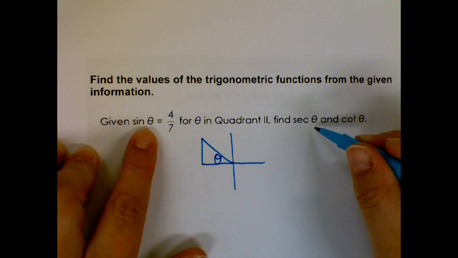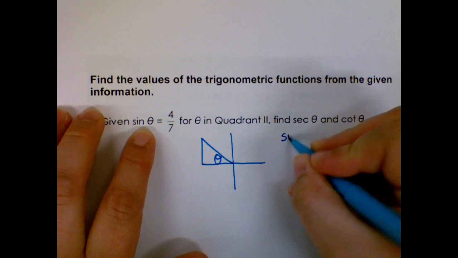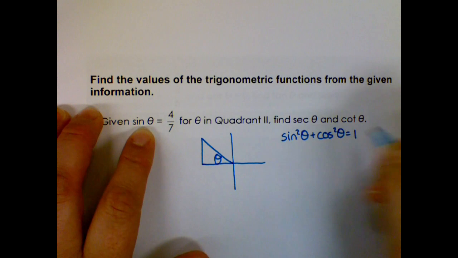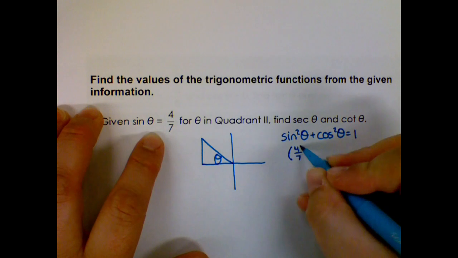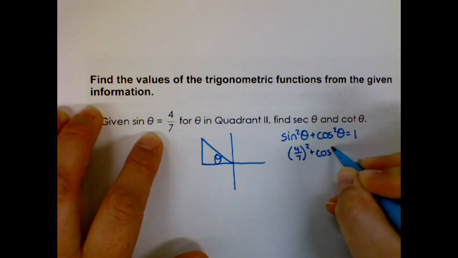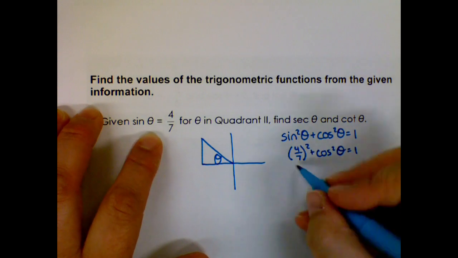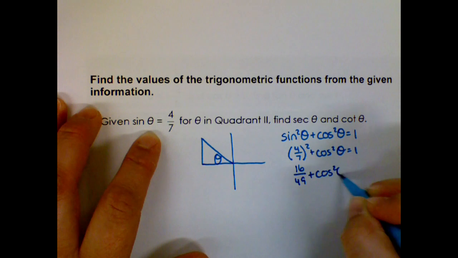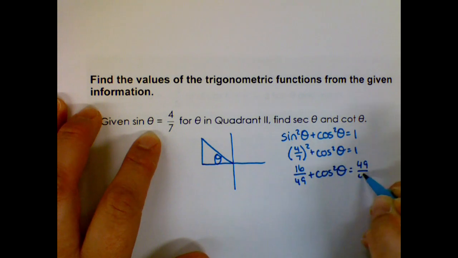So sine is related to secant because sine squared plus cosine squared equals 1. So that means 4/7 squared plus cosine squared is 1. 16/49 equals 49/49.